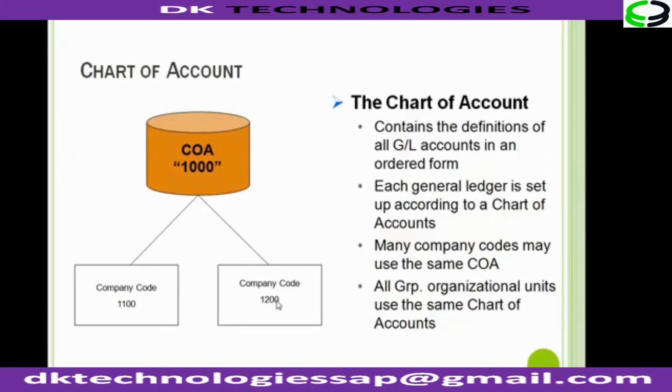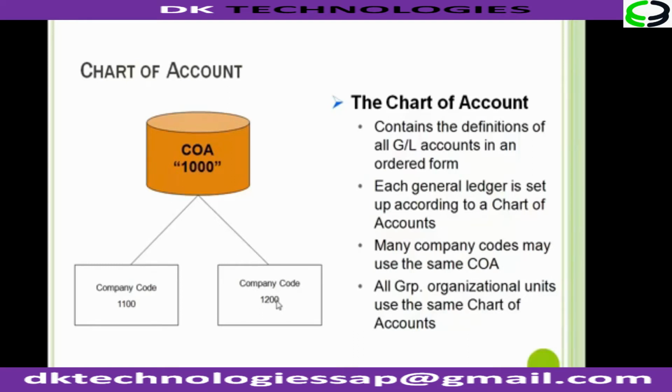We prefer to have the same chart of account because you can then have consolidated reports for both the company codes as a whole, or as a group, you can say.